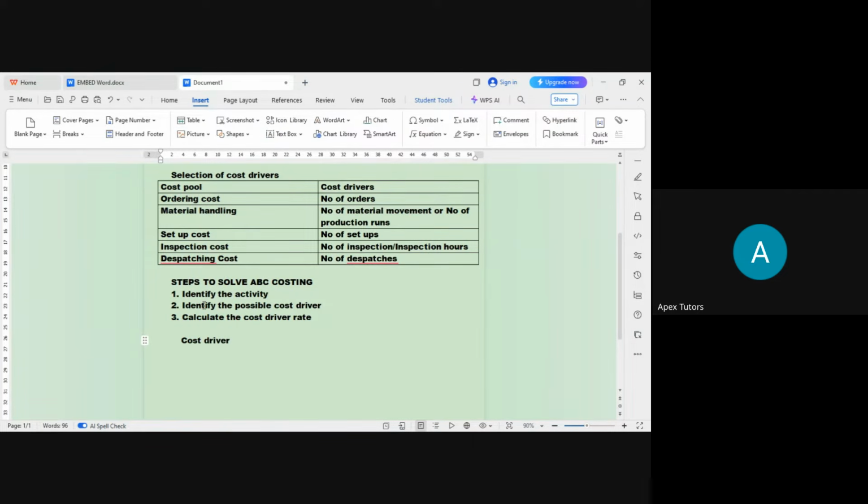The cost driver rate is the activity-based cost divided by the cost driver. Take note of this. In most questions, you'll be asked to determine this.